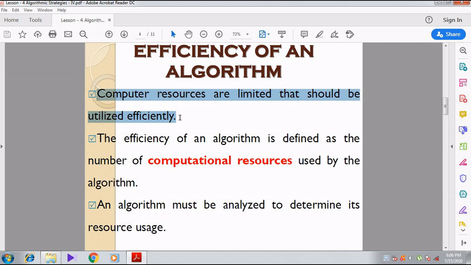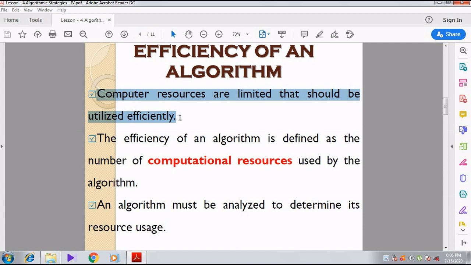Every electronic device is called a resource. Each and every device should be utilized efficiently, including the memory, whether it is RAM or ROM. Each and every computer part should be utilized efficiently. It should not be wasted, right?